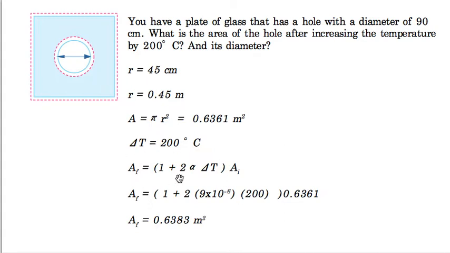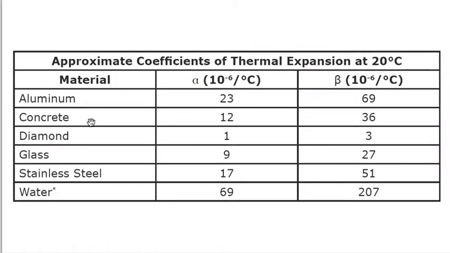Alrighty, guys. So what's going to happen here? Well, we got 1 plus the double of alpha. It's the same formula as before, but we got to double the alpha because we're talking about an area. That coefficient of thermal expansion has to be multiplied by 2. And it was glass. We got to consult our table that I gave you a while ago. Glass is right there.